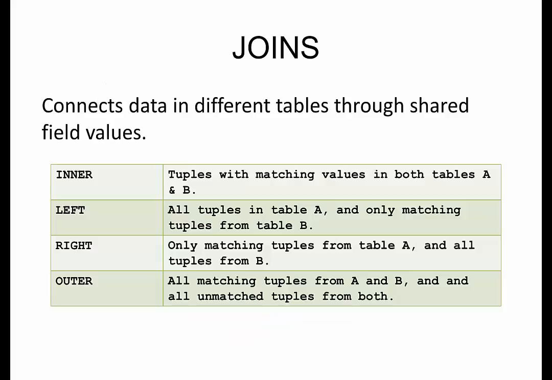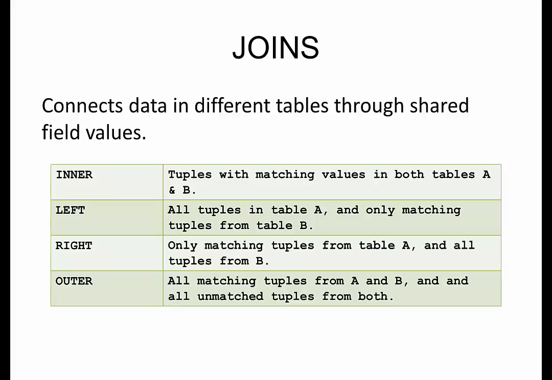Hooray, joining data. So that's your basic select clause. We're now going back to the where clause and looking at how we join data across tables. Some of you will have already done this, I'm sure, but here we go. Okay, joins. A join allows us to connect data in different tables through shared field values. Remember your primary key, foreign key combinations.